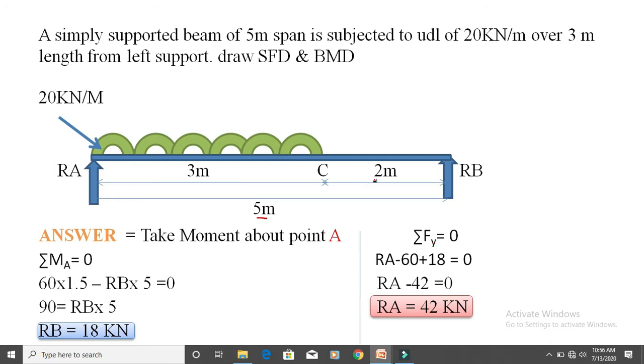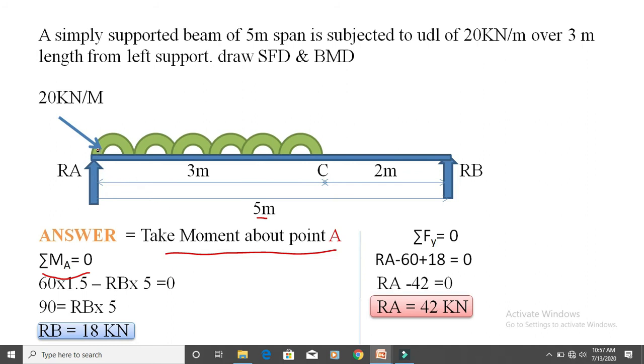For drawing these diagrams, first we have to calculate the values of RA and RB. For calculating RA and RB, our first step is to take moment about the point A, that is summation of moment of A. In summation of moment of A, RA which is going in upward direction, the value of RA is 0. Then 60, how does 60 come?